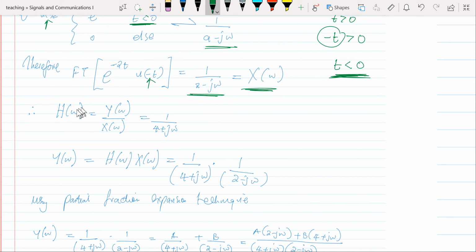And now since we know X of omega and we had already evaluated H of omega, then as I mentioned earlier, we are going to evaluate Y of omega as the multiplication of the two functions, H of omega multiplied by X of omega.